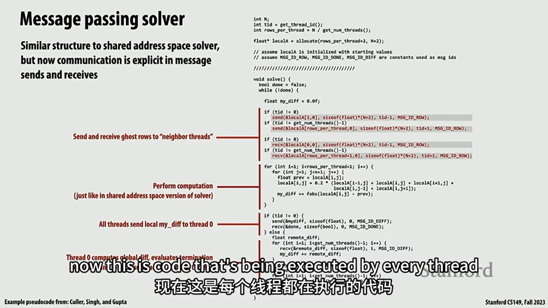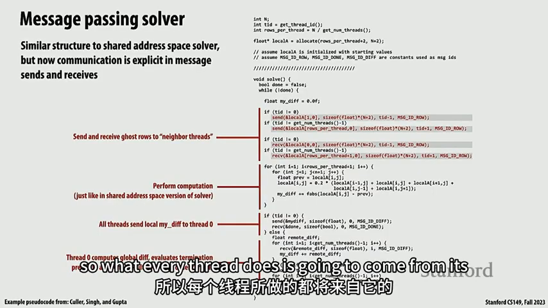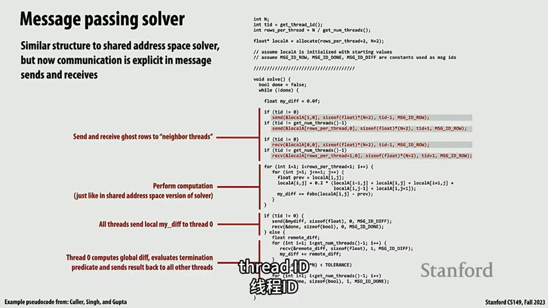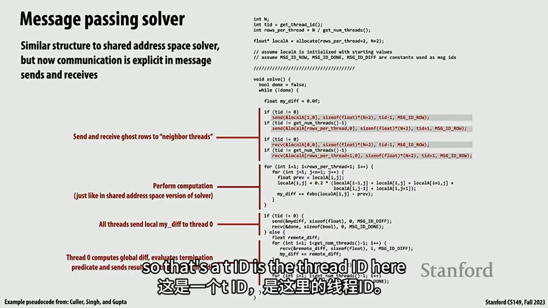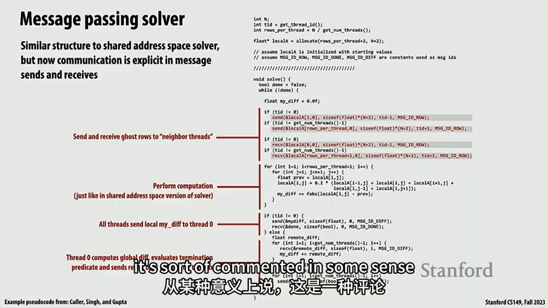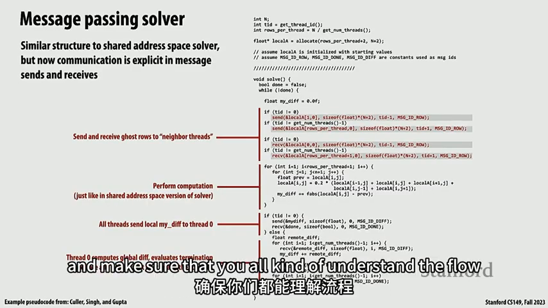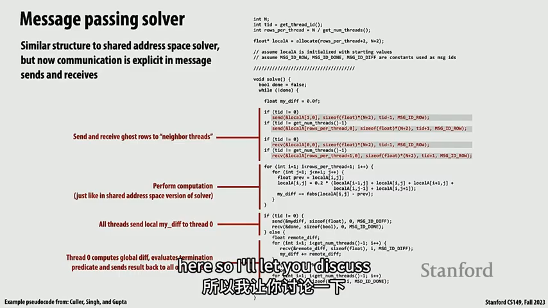Now this is code that's being executed by every thread. It's an SPMD kind of way, right? What every thread does is going to come from its thread ID. So TID is the thread ID here. I'll give you a minute or so. It's sort of commented in some sense, but talk it over and make sure that you all understand the flow here. So I'll let you discuss.